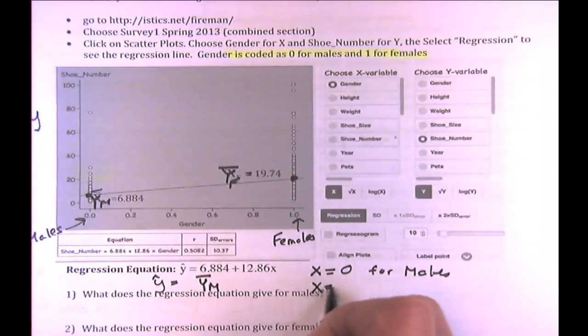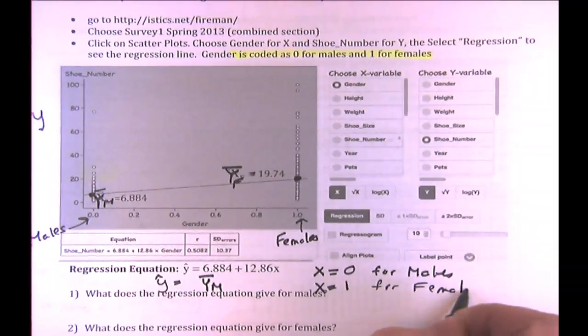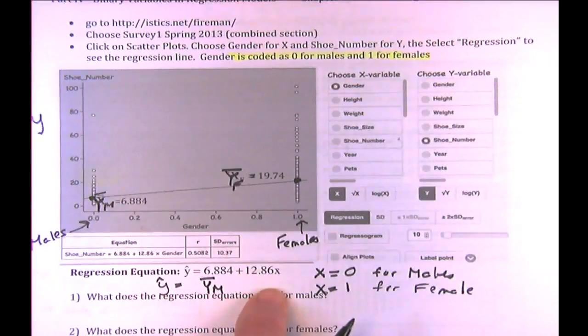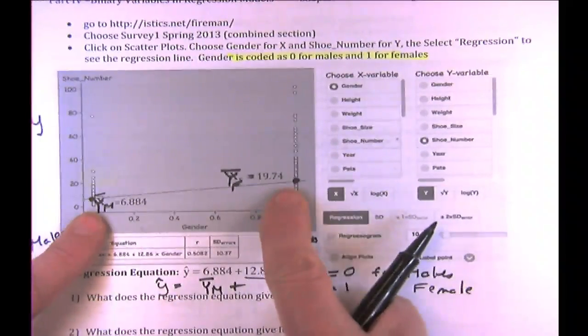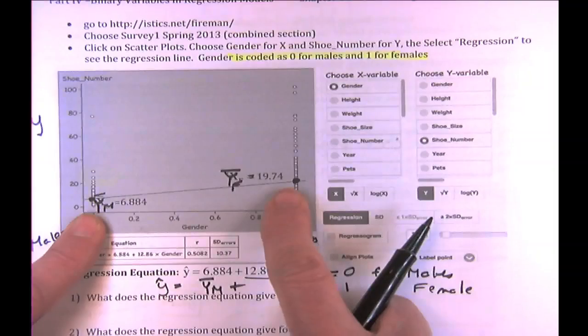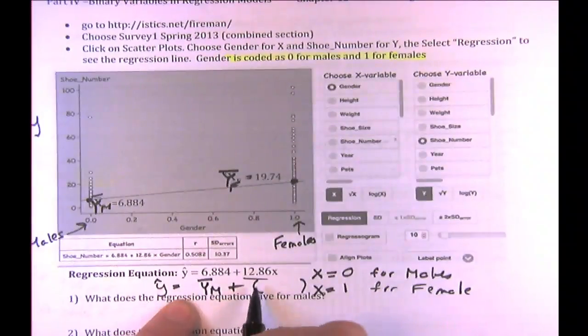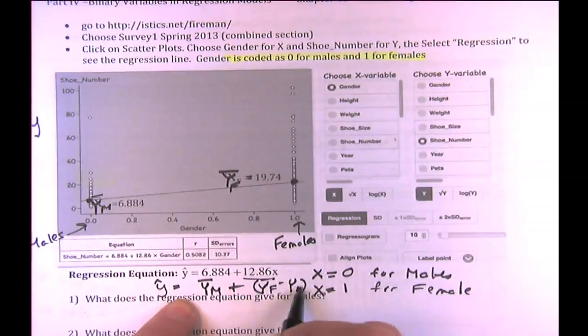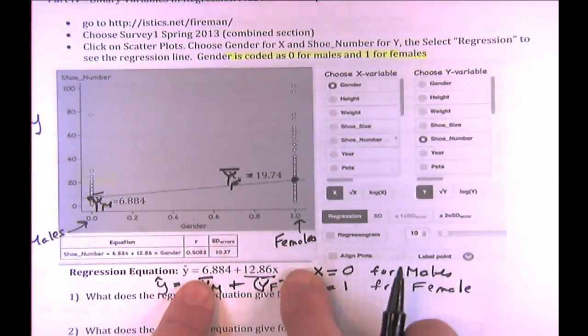And if you're a female, X is equal to 1. So what's this 12.86? It's just the difference between the male and female average, right? It's just the females minus the males. So when X is equal to 1, you get the female average.